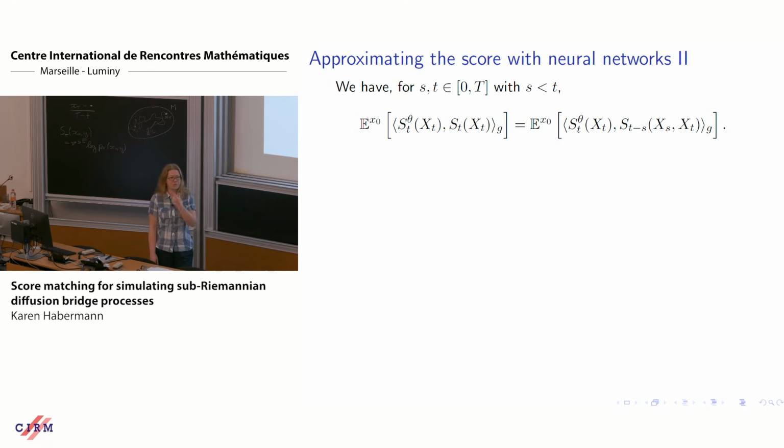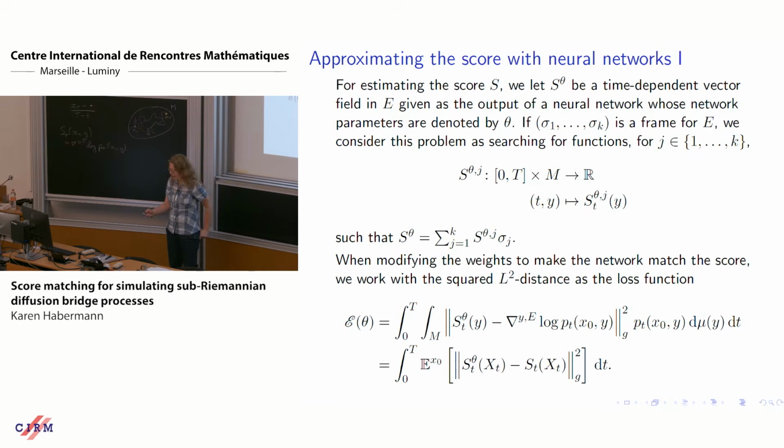So one observation, which is going to be helpful later on, is, let me briefly go back. If you look at this expression, we have the square appearing in here. So there are a number of terms. If you expand it, we have the norm of st theta squared. Then we get an inner product of st theta and the true score.